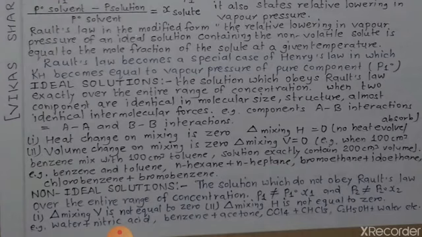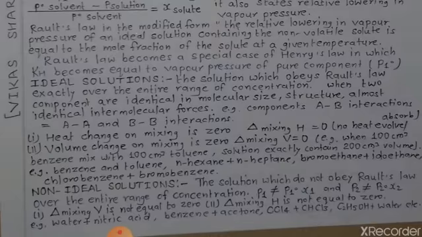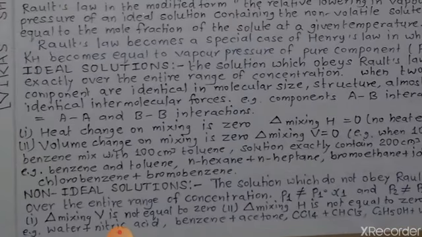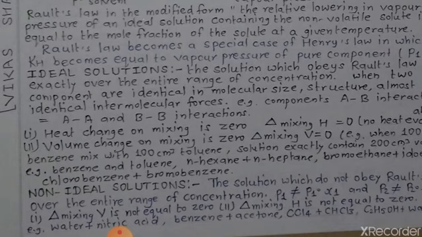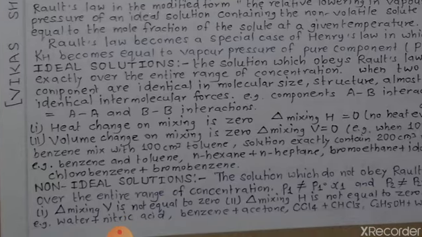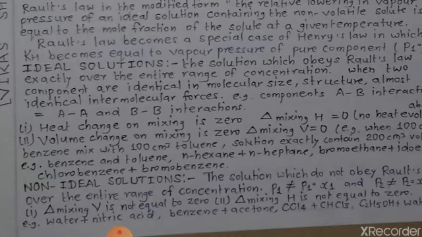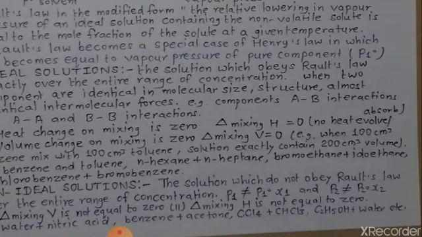So the solute and solvent have the same molecular size and structure. Heat change on mixing is 0, meaning heat is neither evolved nor absorbed. The volume change on mixing is 0, meaning the volume is not changed. If we take 1 liter of solute and 1 liter of solvent, the volume is always the sum. For example, benzene in toluene, n-hexane and n-heptane.